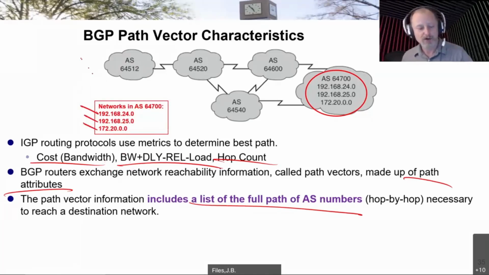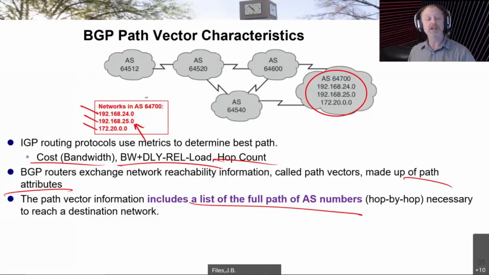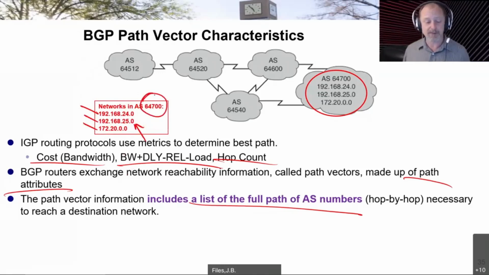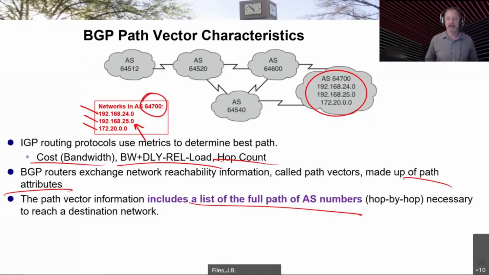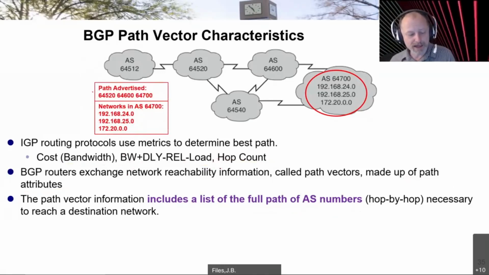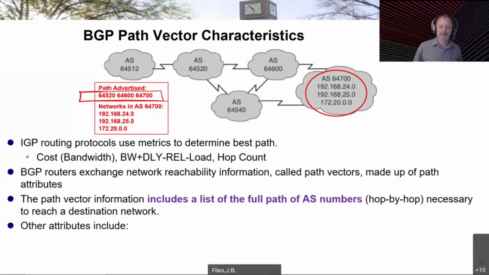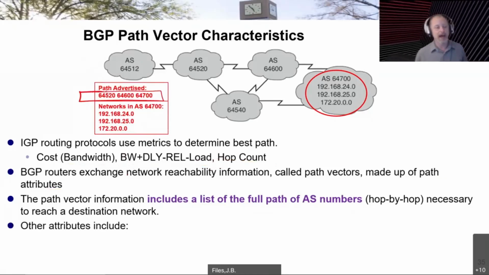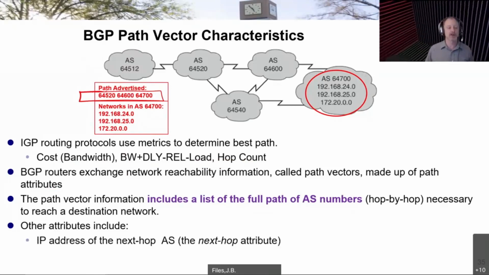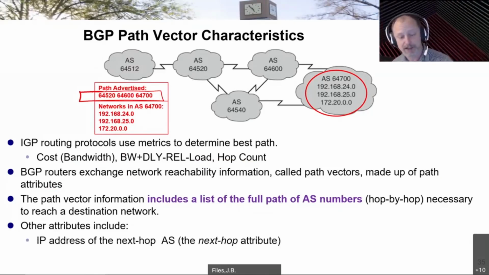Okay, so if we're somewhere and we need to get to that network, then what we do is we say we need to get to this autonomous system. How do we get there? Okay, well, we get there via this path. All right, now the path attributes will also include other things like the IP address of the next hop autonomous system, right?